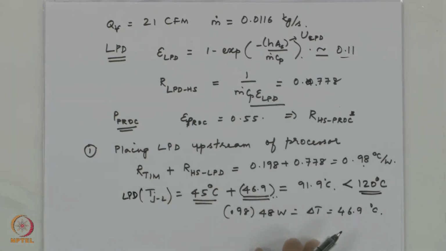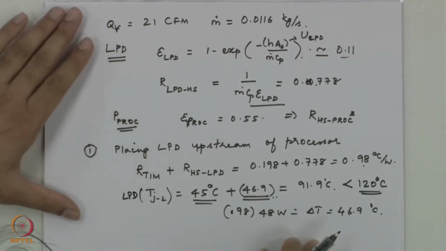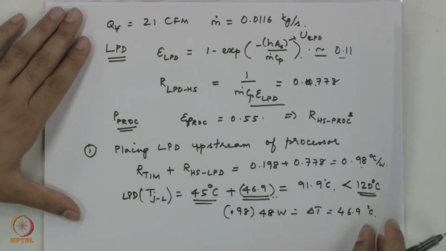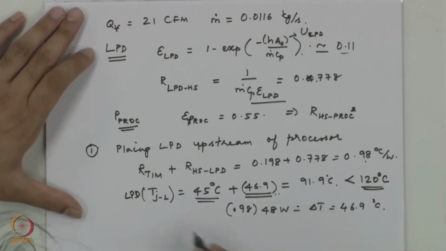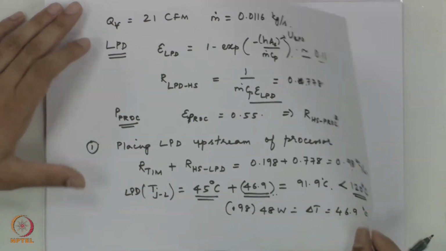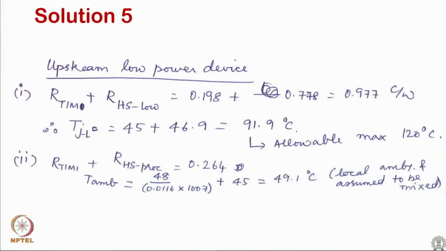Now, we need to calculate this for the processor. What happens is, now we need to estimate first the temperature rise that comes to the processor. First we need to figure out what is the ambient temperature that comes, because there is a low power device that is placed upstream of the processor. So, that device dissipates 48 watts.